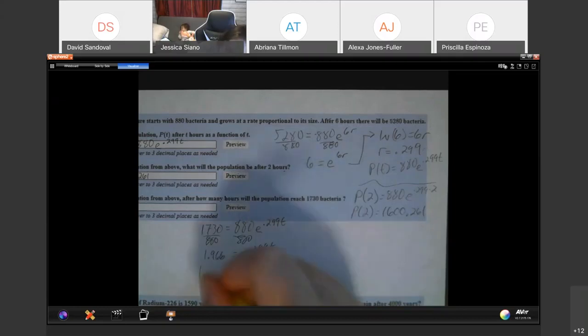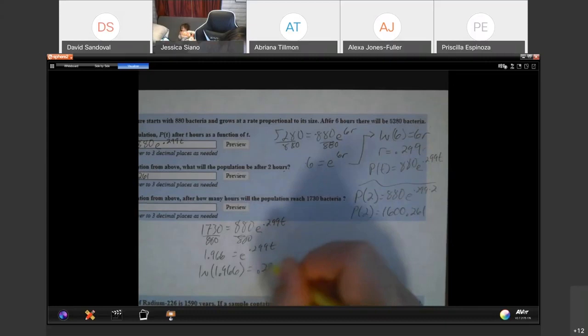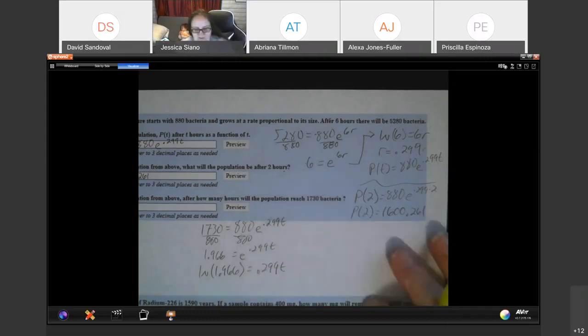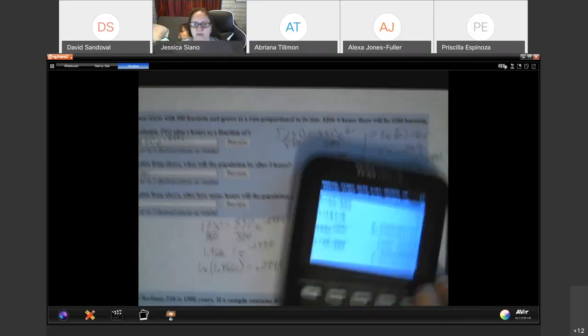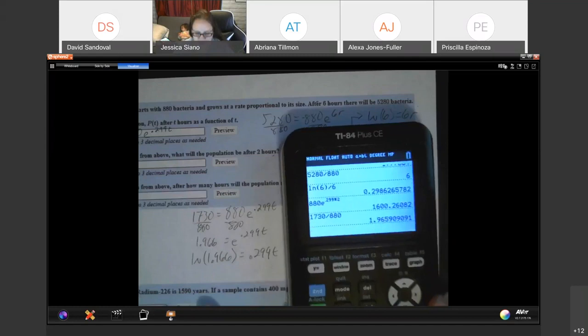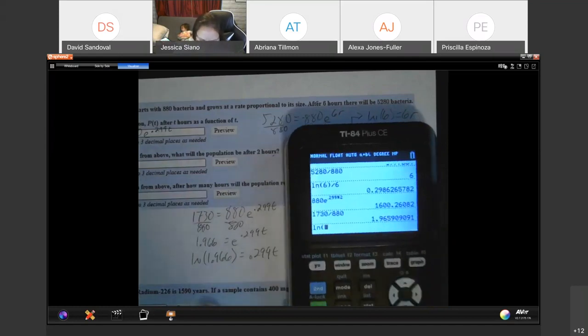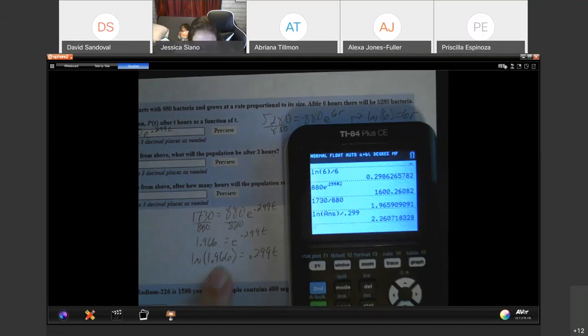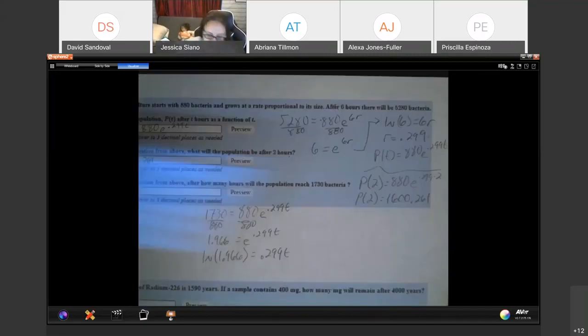So then the ln of 1.966 equals 0.299t. Of what I just had, divided by 0.299. 2.261 hours.